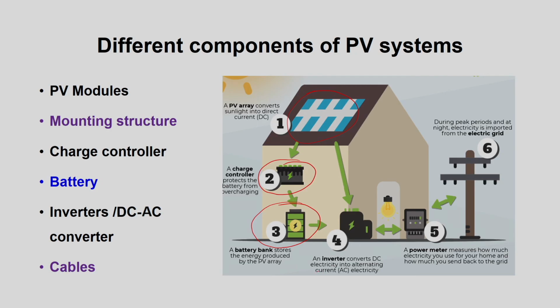And if we have an AC load, then we have to convert the direct current generated by the PV arrays to alternating current by an inverter, and we need a power meter and sometimes an electric grid, or sometimes we can use the generated energy locally.